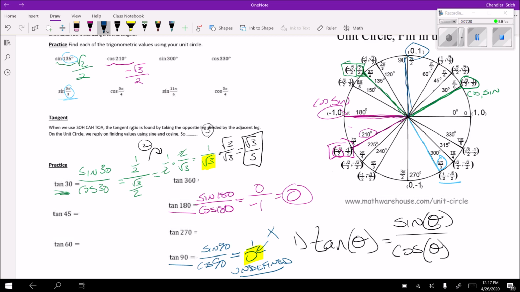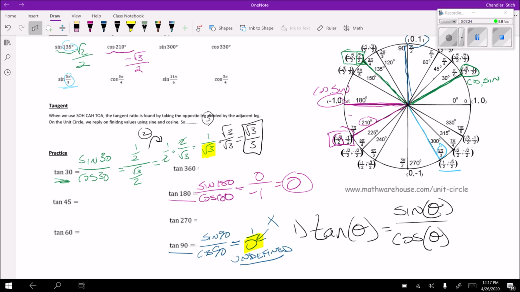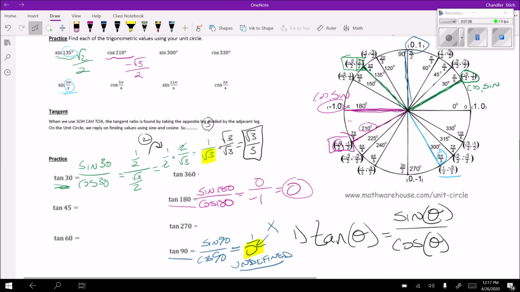All right, let's do one more here. We'll do tangent 60 just because it's at the bottom. Tangent 60. Okay, well, here's 60 degrees right here. I have these two coordinate points, so it's sine of 60 over cosine 60. This would be root 3 over 2 over 1/2.